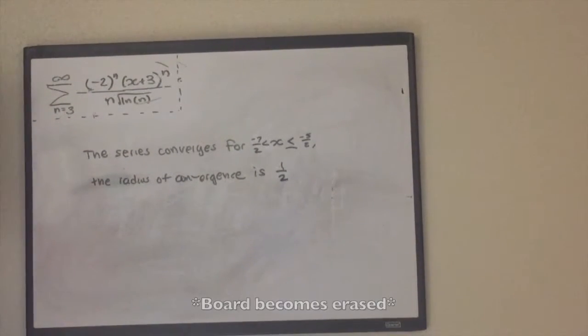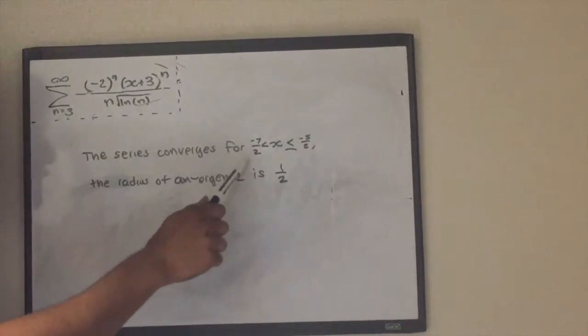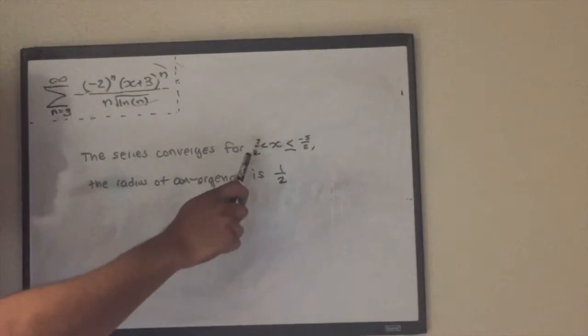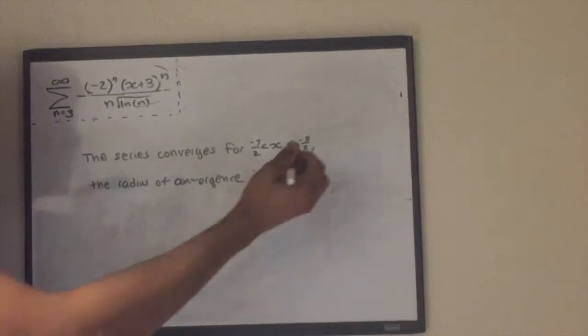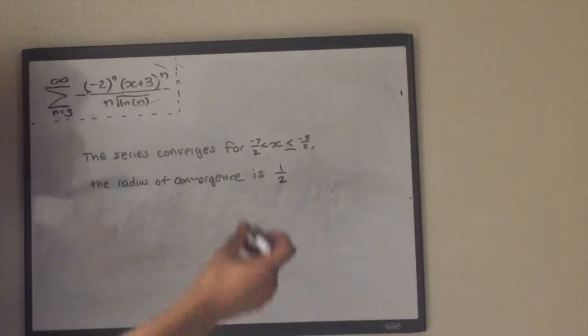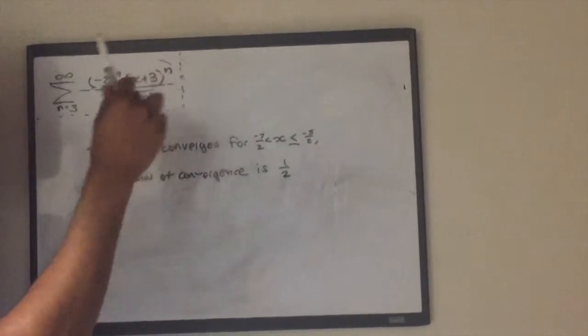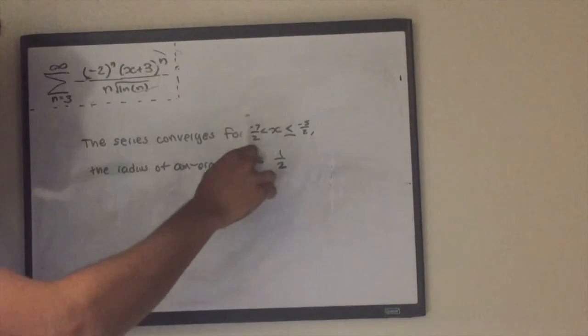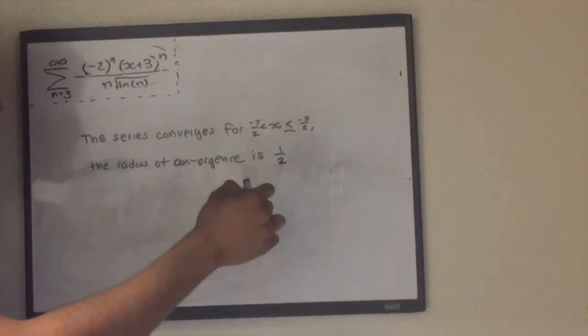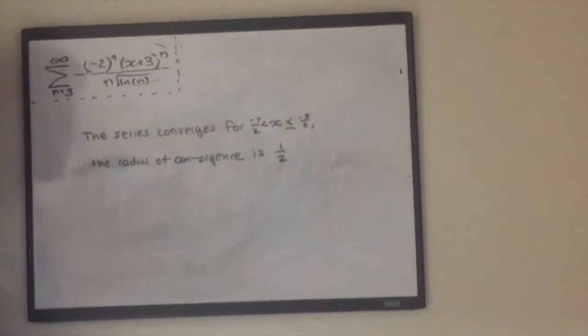So when we make our final conclusions, we can say that the series converges for x greater than -7/2 and less than or equal to -5/2. We found that it's less than or equal to -5/2 because the series converges at -5/2, and we found that it's greater than -7/2 because at -7/2 it diverges.